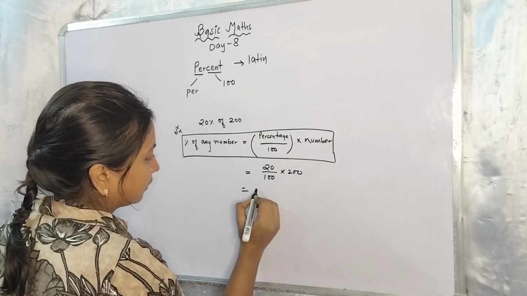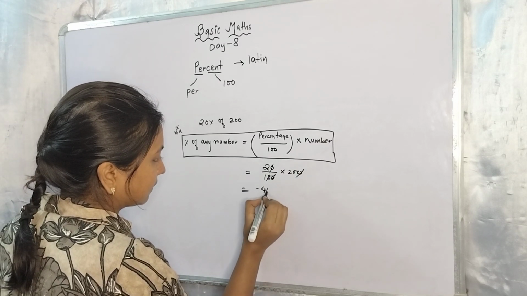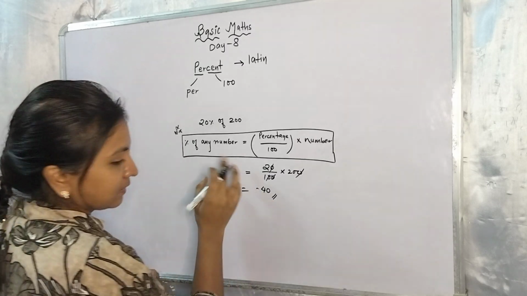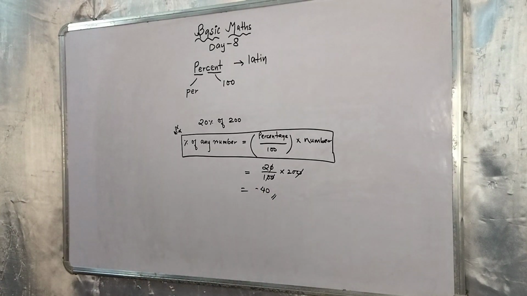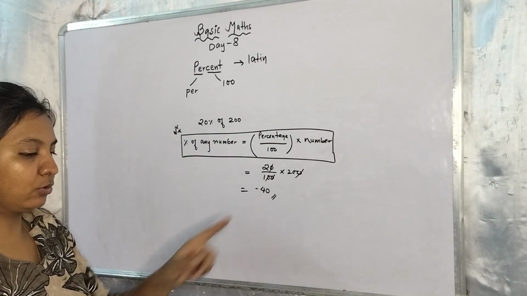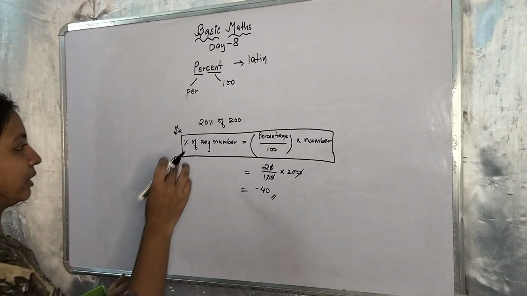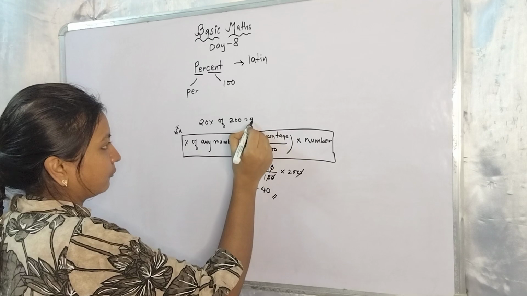So 0 0 0 0, 2 2s are 4, that is 40. So if you want to find out 20% of 200, then that will be only 40. So you can directly write that 20% of 200 is 40.